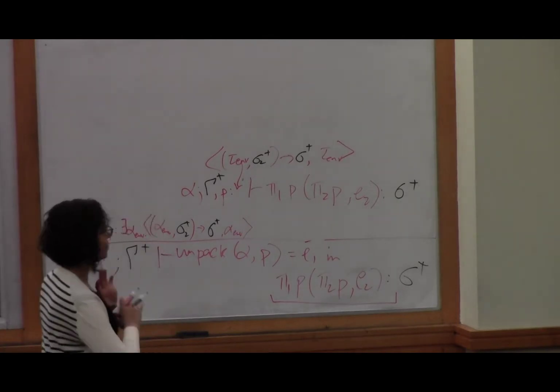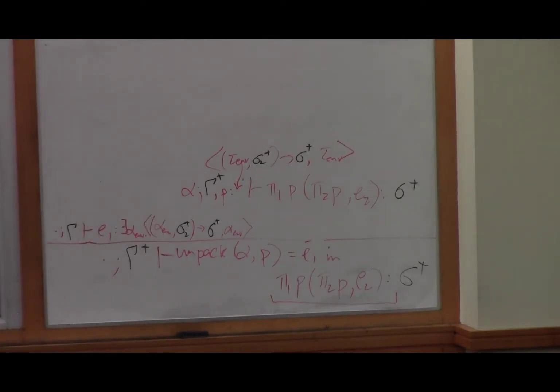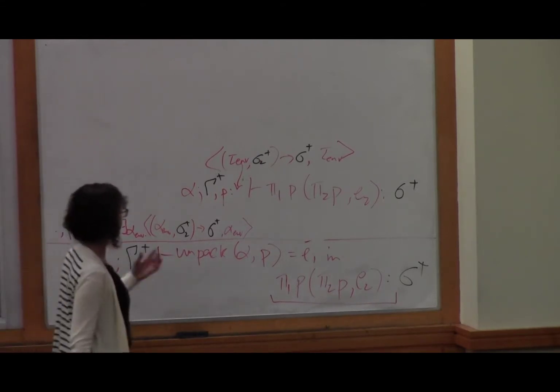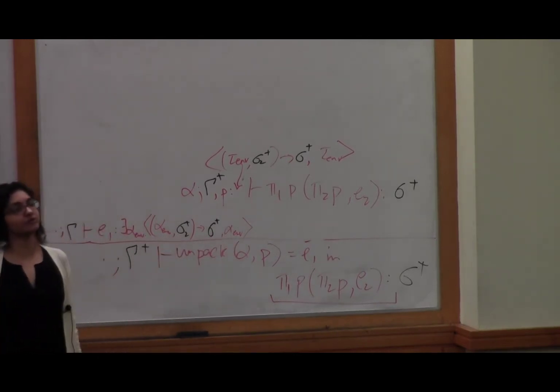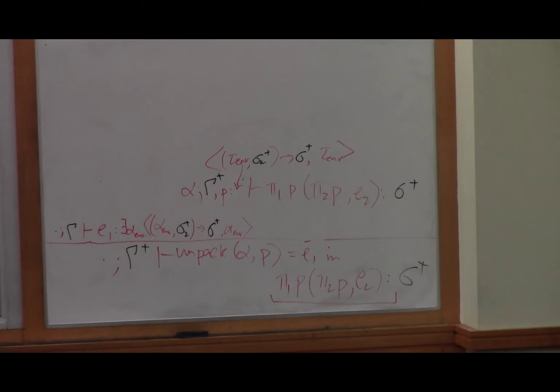The red E2 will get run down to a value, to an actual package, when we run the program that we have generated. Yeah, exactly. So right now the type is telling us that when we run that red E2, its canonical form will be a pack. But we don't need to know what's in the pack right now. The type is telling us enough information about the things that we will get out once we have run it down to a package. Okay?